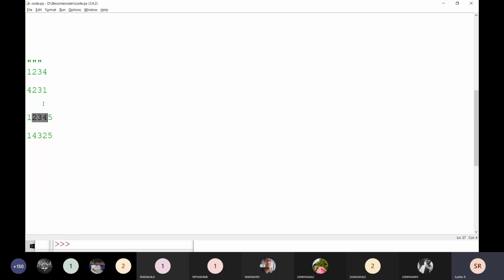In the same way, create an account in GitHub. Just create a folder named Become Coder Python, upload all the program files you are doing, and share that link with me in the WhatsApp group. Okay, I will check that.